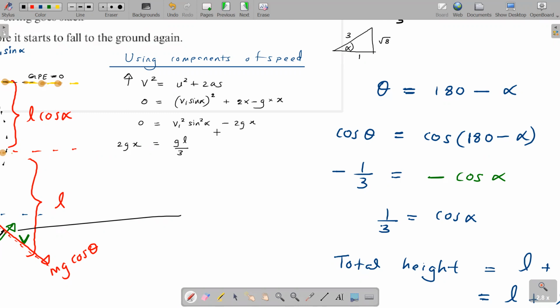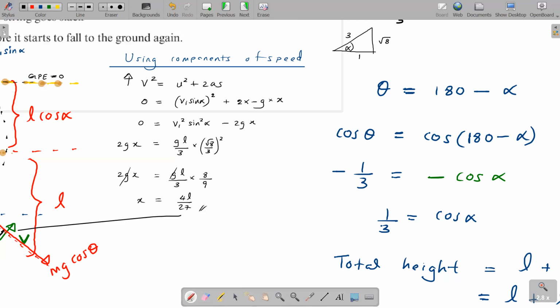So you need to be good with your P2, P3 trigonometry. So sin² alpha, opposite over hypotenuse, is (root 8 over 3) squared. So 2gx equals GL over 3 into 8 over 9. So g cancels and you can see x becomes 4L over 27.